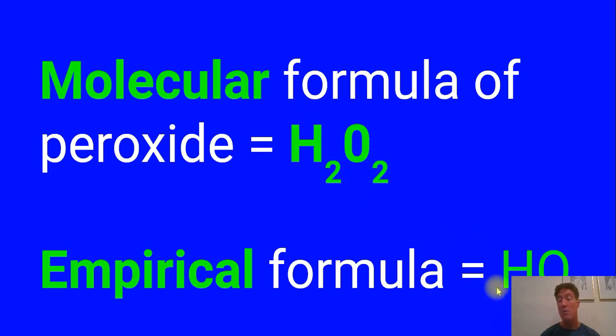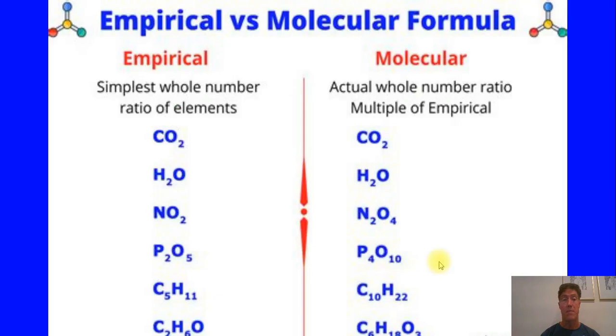So HO would be the empirical formula. That's the ratio of the elements to each other in this molecule, but that's not necessarily the molecular formula. So there can be a difference between the empirical formula and the molecular formula. Sometimes the empirical formula is the molecular formula, but not always.